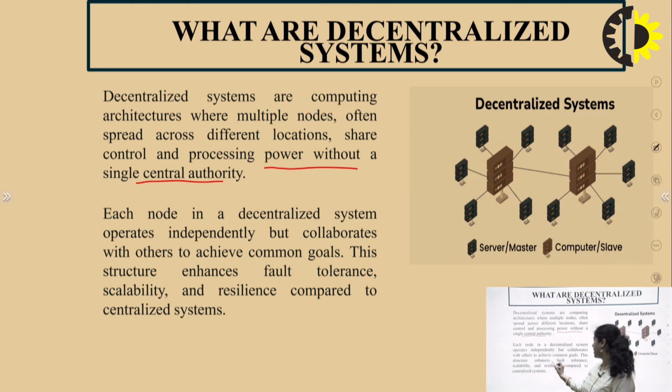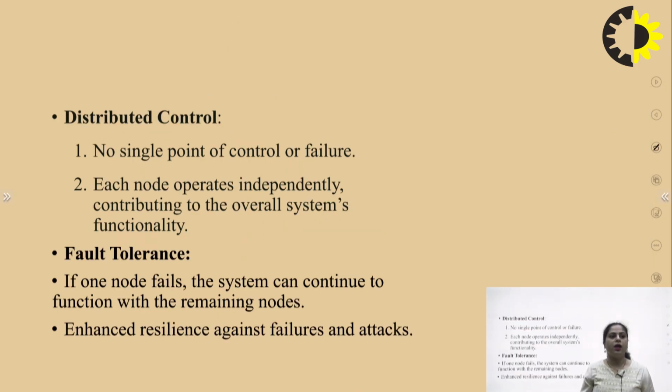This structure enhances fault tolerance, scalability and resilience compared to the centralized system. In a decentralized system, if one node fails, then there is another node which handles the situation and gives approval to the transactions for the network. Distributed control: no single point of control or failure here.